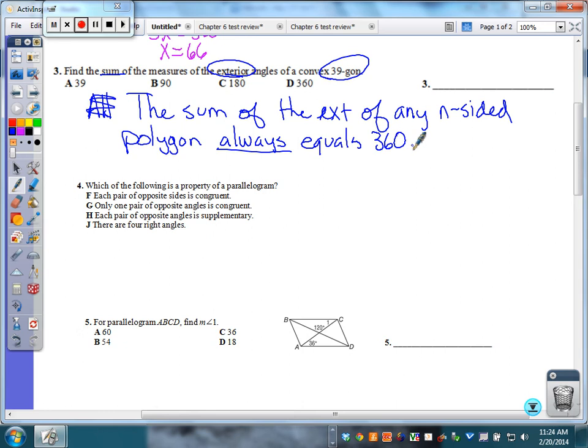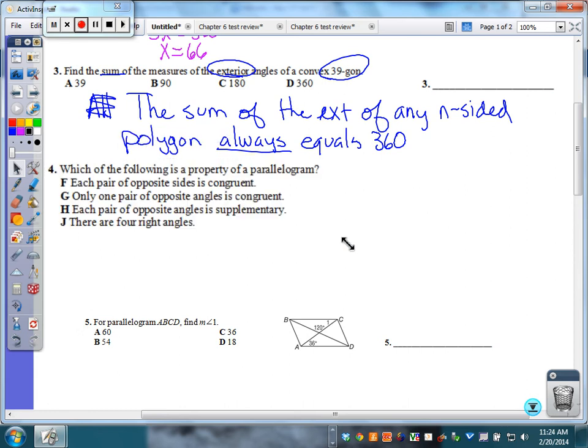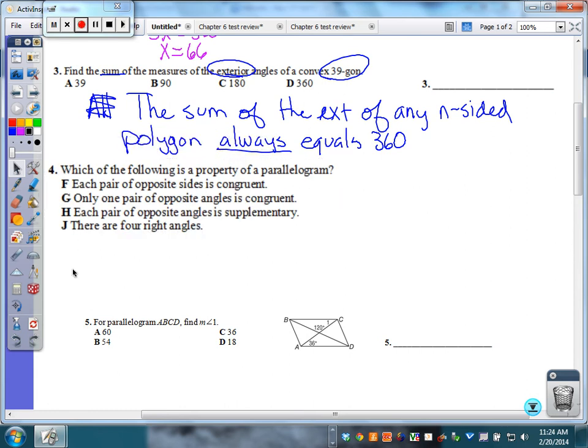Okay? Doesn't matter how many sides it has, the exterior angles will always equal 360.